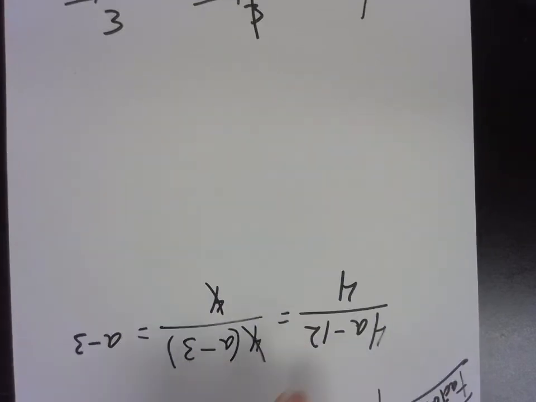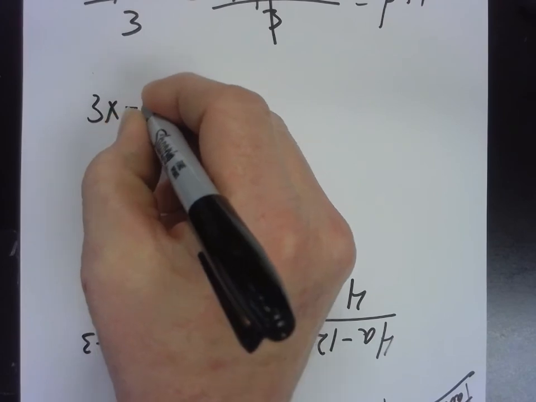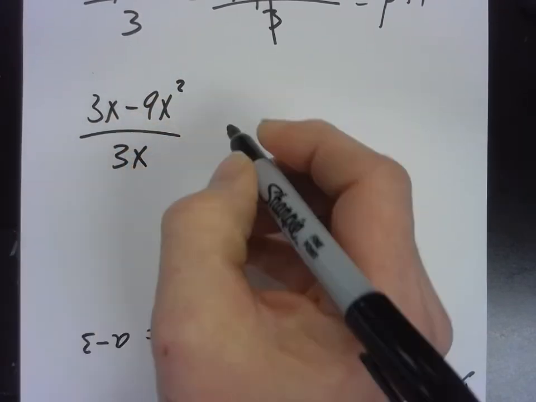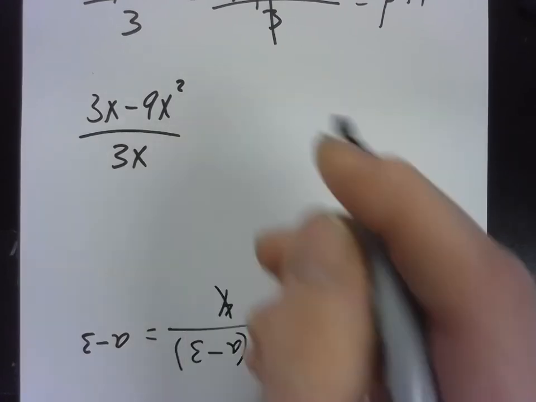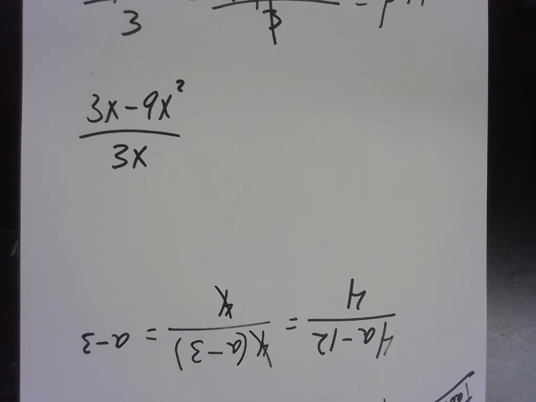You want to try one? Too bad. Here you go. So 3x subtract 9x squared divided by 3x. Let's see if you will give in to temptation.